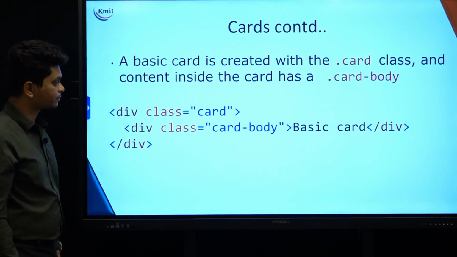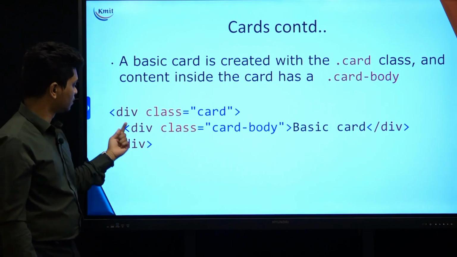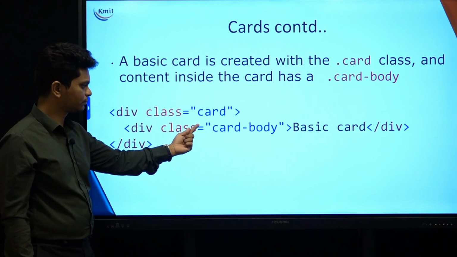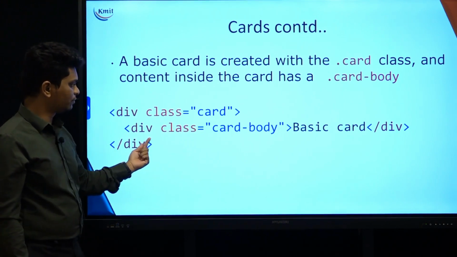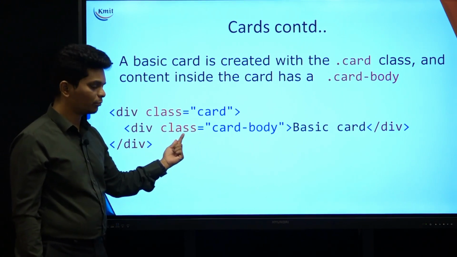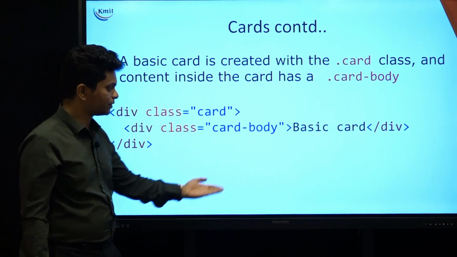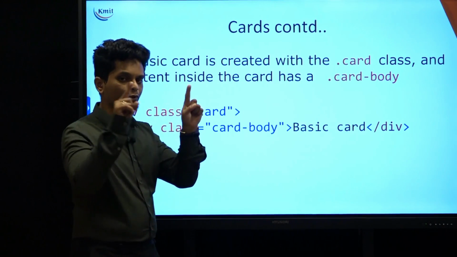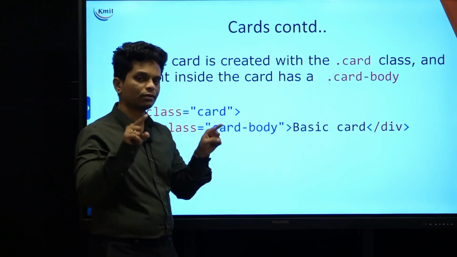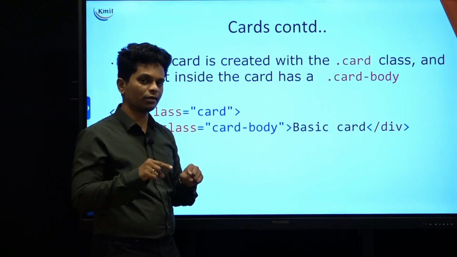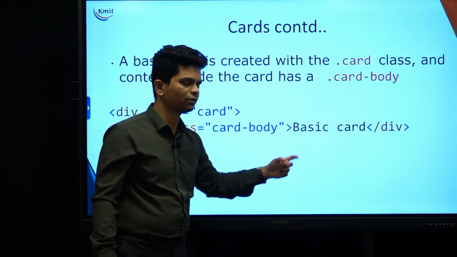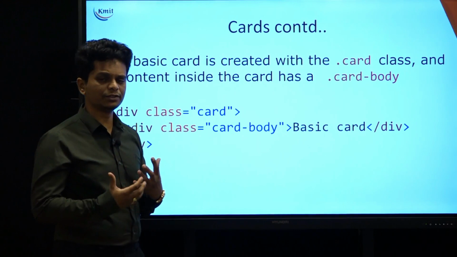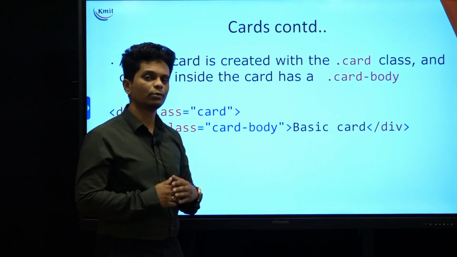Like here, we have a div whose class is card, and we have another div for class card-body, and this is some text. So in the output you get a container in the shape of a card in which a text is given, basic card. Later we can add images or other media files to that particular portion.